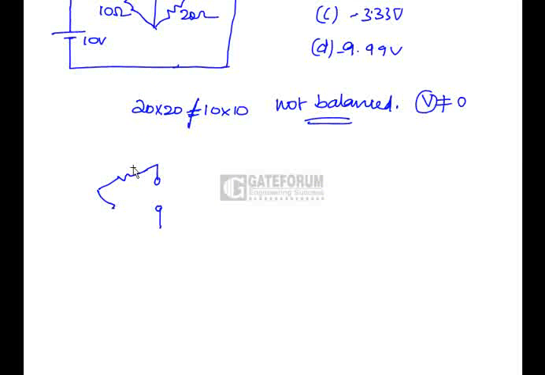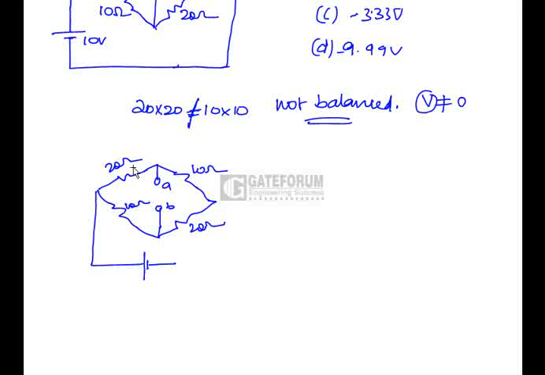Treat it as load terminals and make it open. Now this is 10 ohms, 20 ohms, 10 ohms and 20 ohms. Mark these load terminals as A and B. Supply voltage is 10 volts. Current flowing, let us take it as I. Now what is current I here?